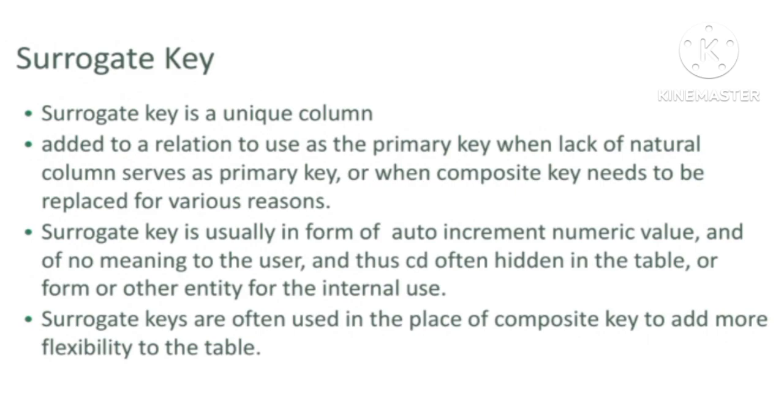A surrogate key is usually in the form of auto-increment numerical values and of no meaning to the user, and thus is often hidden in the table or form for internal use. Surrogate keys are often used in place of composite keys to add more flexibility to the table.